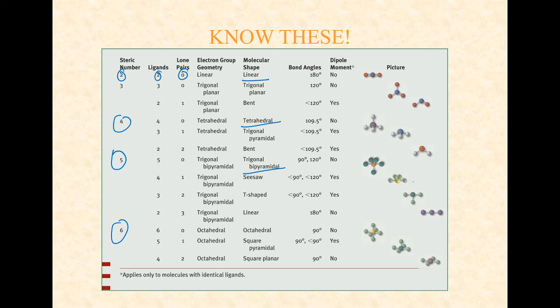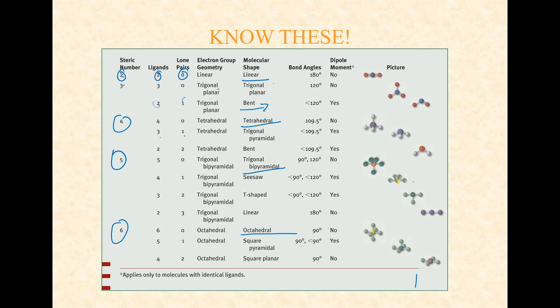Then 6, ideally an octahedral if there are no lone pairs. So for 2, linear. For 3, if there are no lone pairs, it's trigonal planar. If there are 2 bond pairs and 1 lone pair, it's more or less like a bent. Then if you have 4, with 1 lone pair, it will be trigonal pyramid.